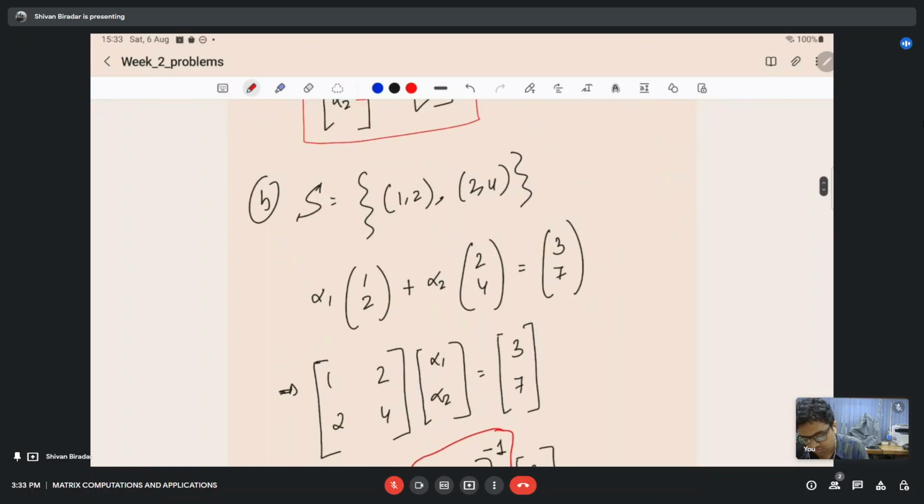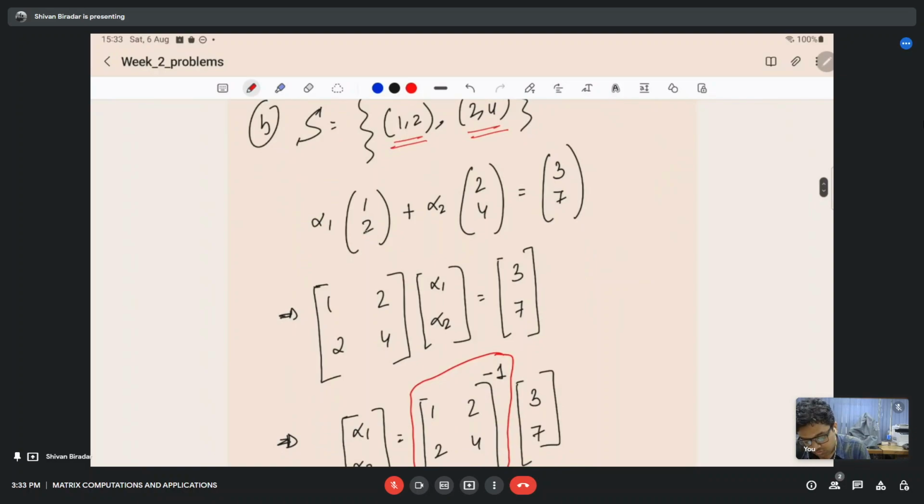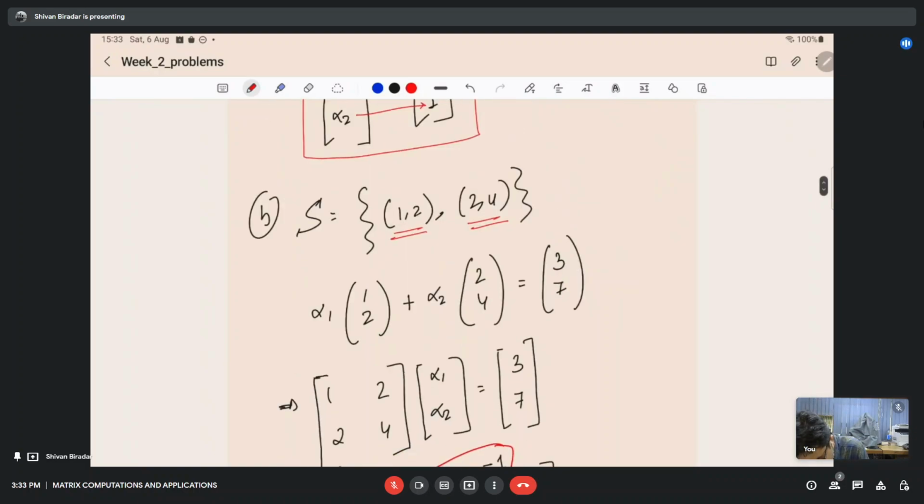Again the question would be whether 3, 7 is contained inside the span of this vector and this vector. Be careful here. See, a vector 1, 2 and 2, 4. Take a careful look at this. If I multiply 2 to this vector, I'll get 2, 4.